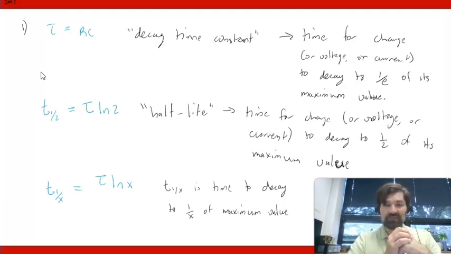So if you want to know what is the quarter life of the circuit, take tau, that is RC, and multiply it by the natural log of a fourth.